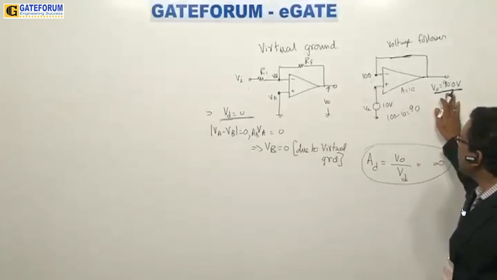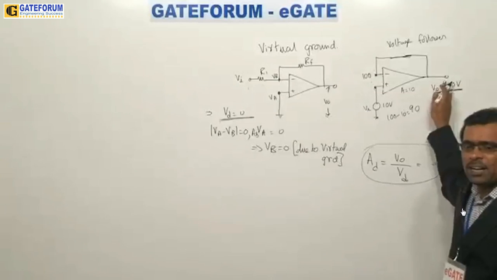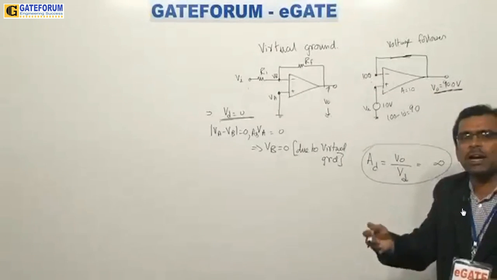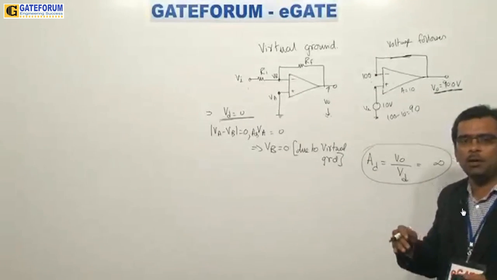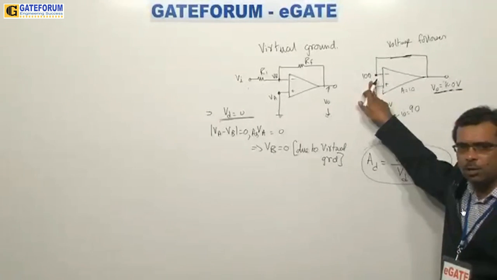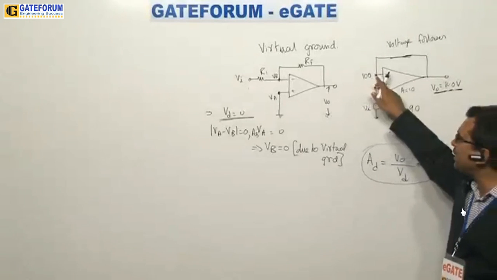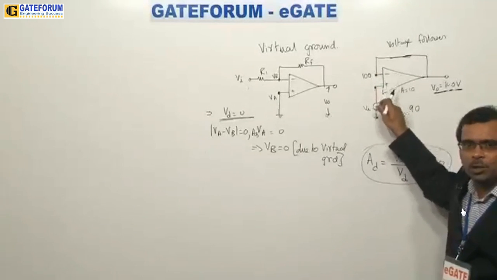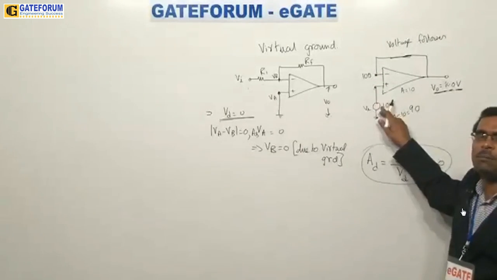Every time this voltage should be reduced because of negative feedback. When this value is reduced, the signal which comes here also will be reduced. As the signal is reduced, at some point this voltage difference value will become 0.